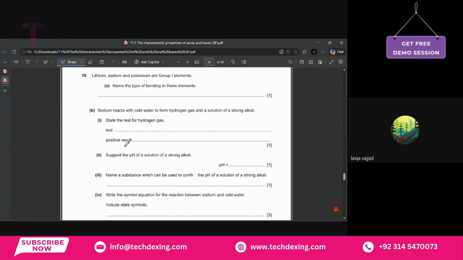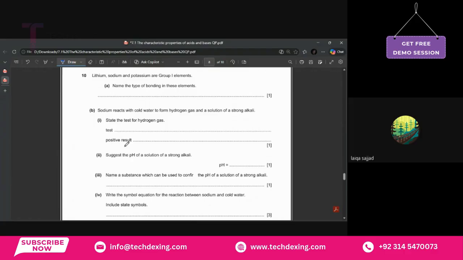Reason? The reason is metallic bonding because of the strong attraction between the positive metal cations and the sea of valence electrons between them.